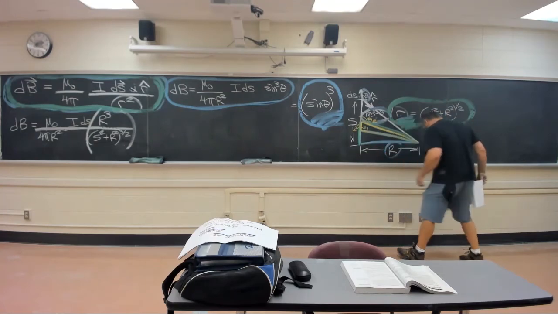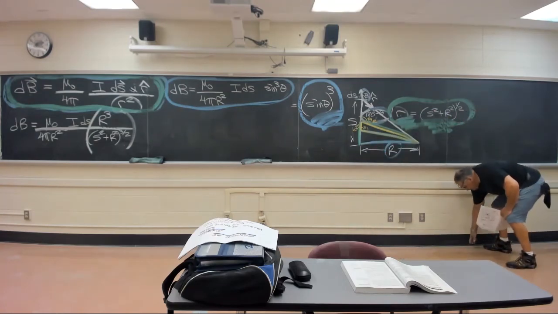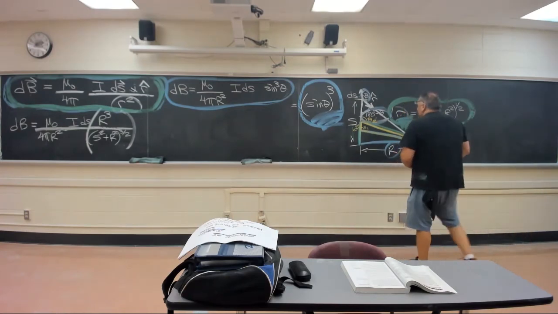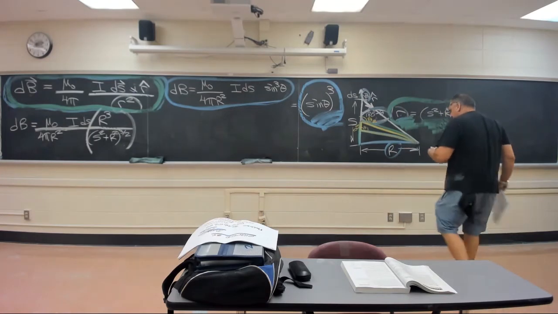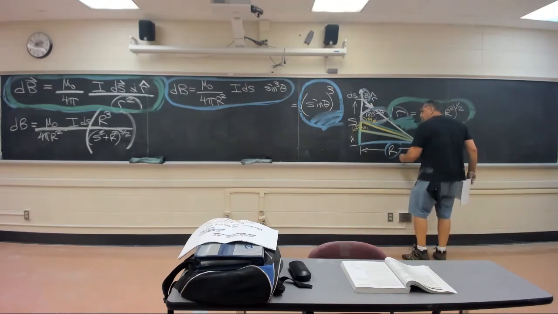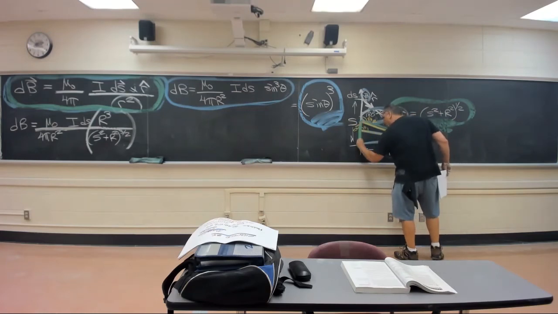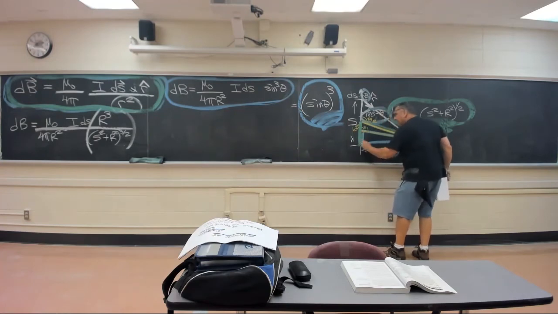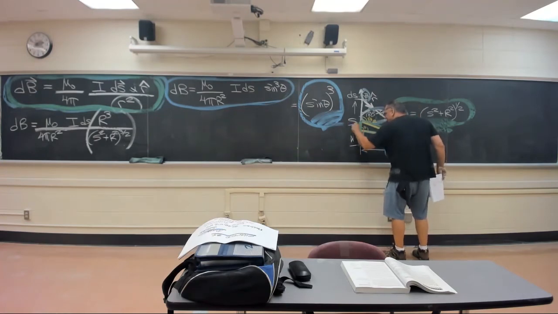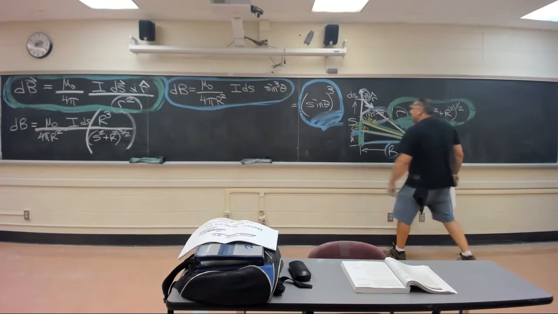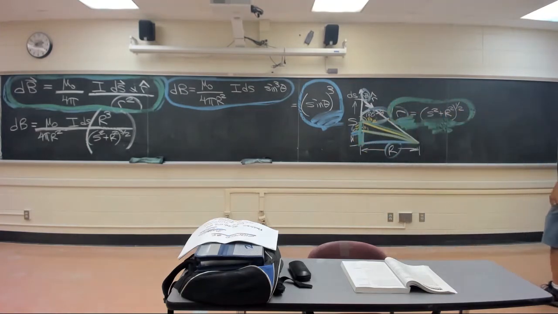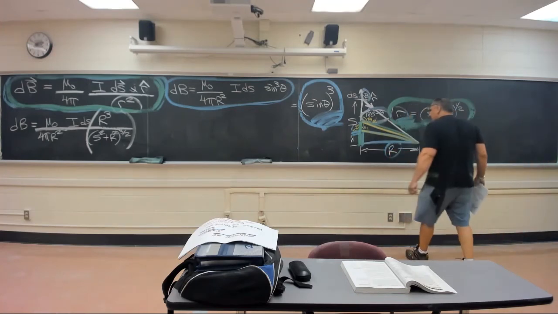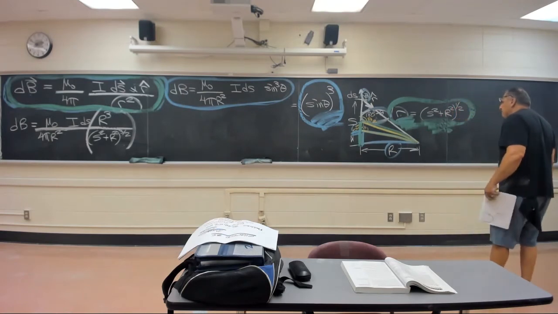I got to find ds. I guess if I could find this long length, and then find this shorter length, and do a subtraction, I'd get the ds. Looks a lot like a tangent somewhere.